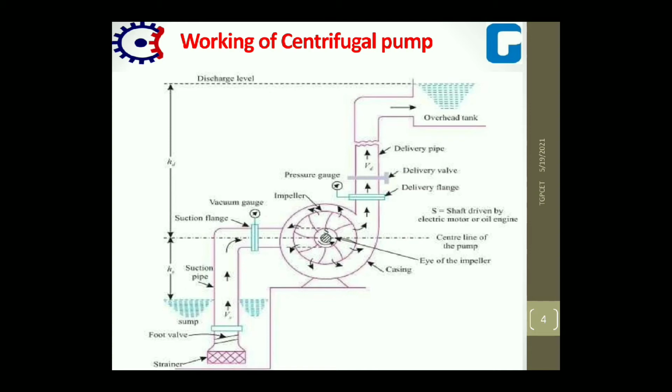Then impeller action develops pressure energy as well as velocity energy. Then water is lifted through delivery pipe up to required height. When pump is stopped, delivery valve should be closed to prevent back flow from reservoir. This is the working of our centrifugal pump.